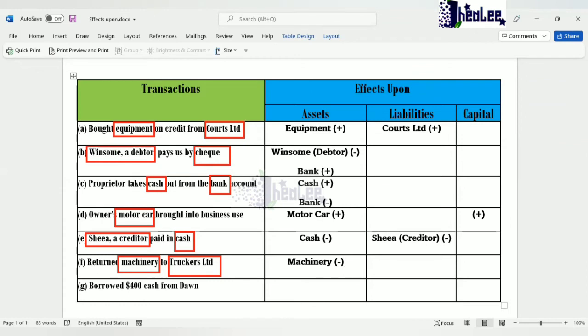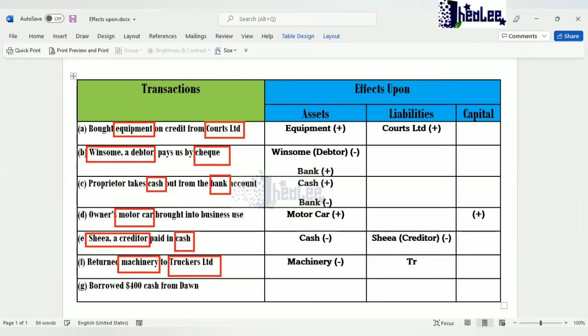It means that in this case, originally it was purchased on credit. So it therefore means that this individual is being owed by the business. This individual is being owed by the business, and because we are owing this individual, it is a liability.